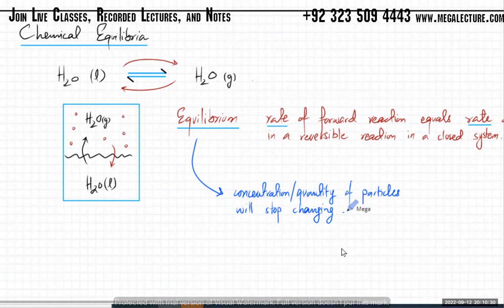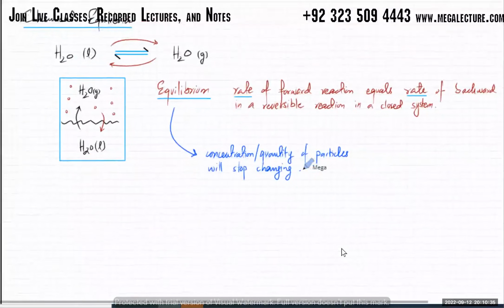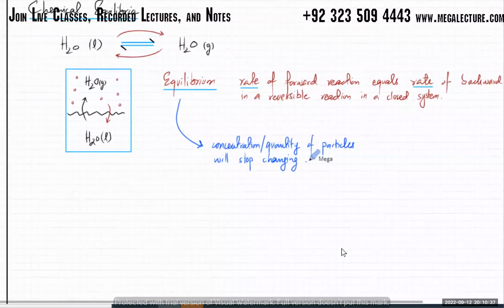Achha, so the other part is, this equilibrium can be disturbed. ये जो equilibrium है ना forward backward, ठीक है? Right now it's at the same rate, ठीक है?